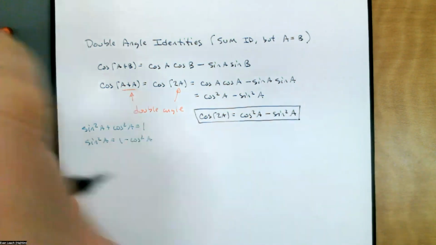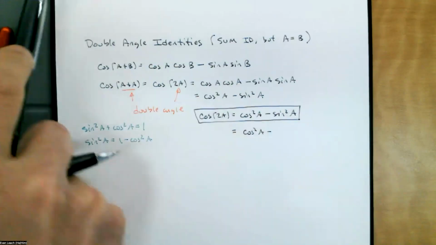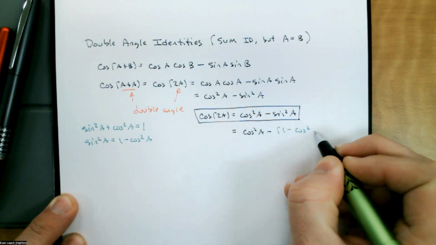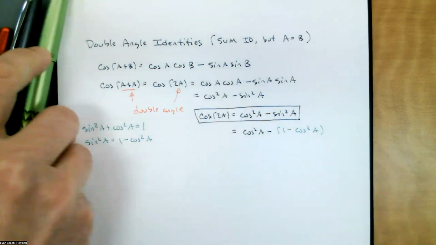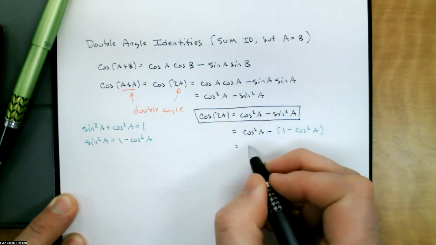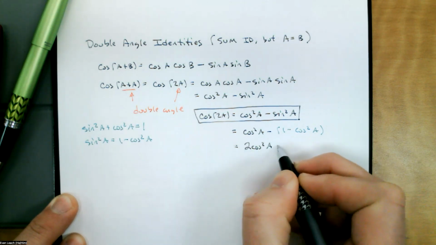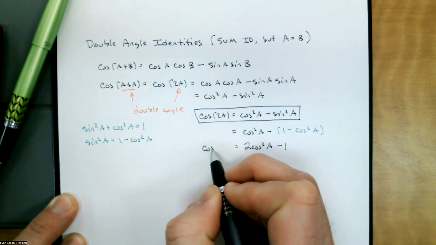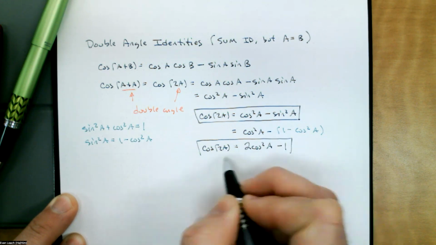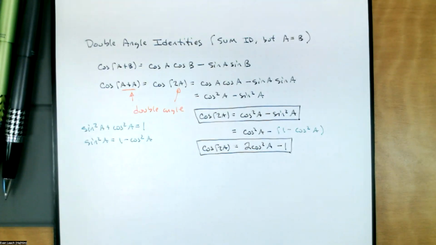So I can write the cosine of 2A as cosine squared A minus sine squared, and so this becomes cosine squared A minus, a minus is plus, so 2 cosine squared A minus 1. So there's a variation on our double angle identity for cosine. You don't have to memorize it, you do have to remember it though.